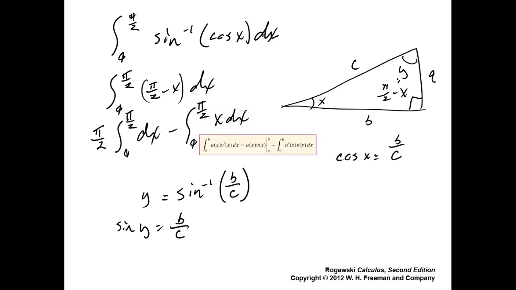The antiderivative of 1 dx is x, and then just pi halves times x. That's the same thing we got there. So there's really no substitution required in this one.